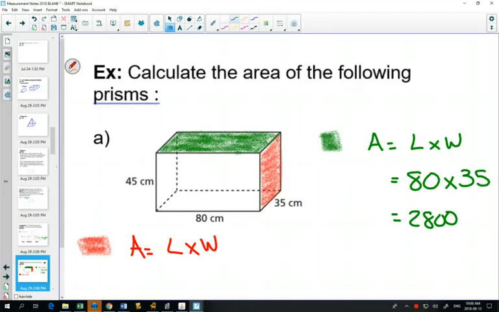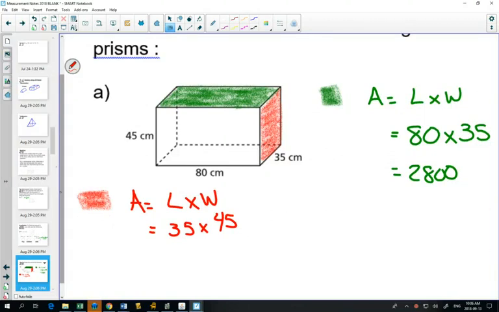So when we write this out as length times width, I could choose 35 as my length and 45 as my width. Is this 1625? 1,575? Okay, perfect.